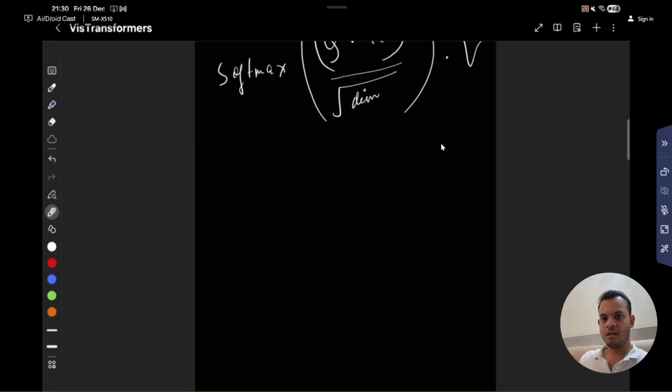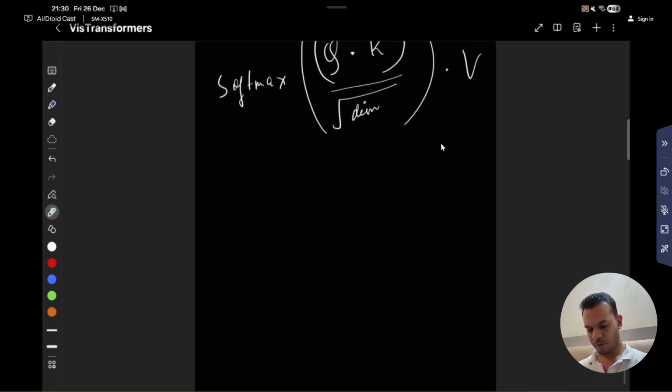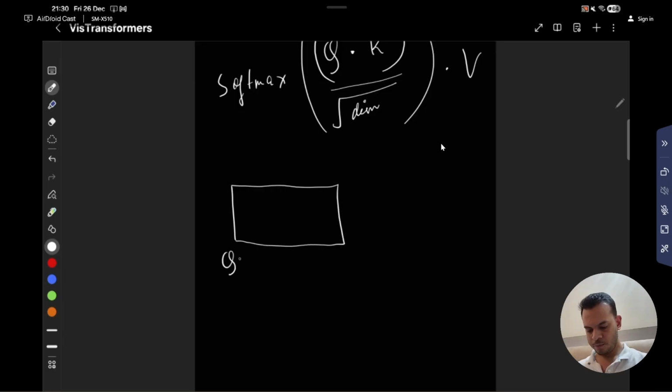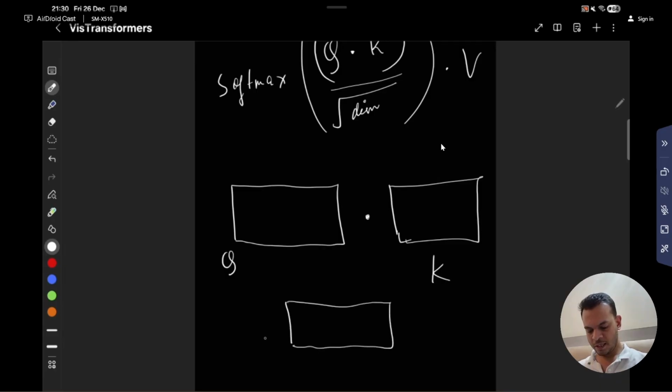Now you may ask, how exactly does this give us our attention? So it's because, just to give a rough idea, you have your Q, you have your K. Okay, if you find a dot product between these two, you will get something like this, maybe M, where for each value you will have the relationship between each value, right?